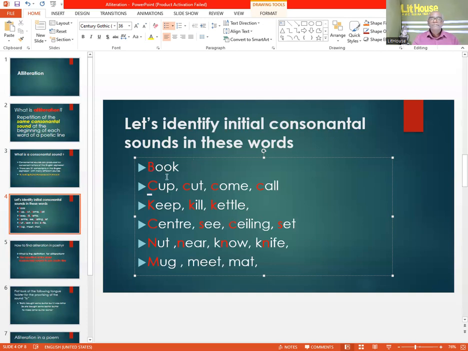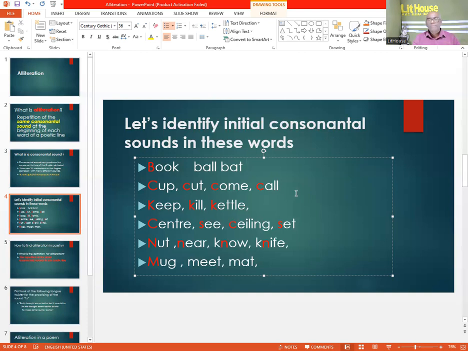Book. You can add some other words: ball, bat. Likewise, the initial beginning sound is B, and the letter is B.